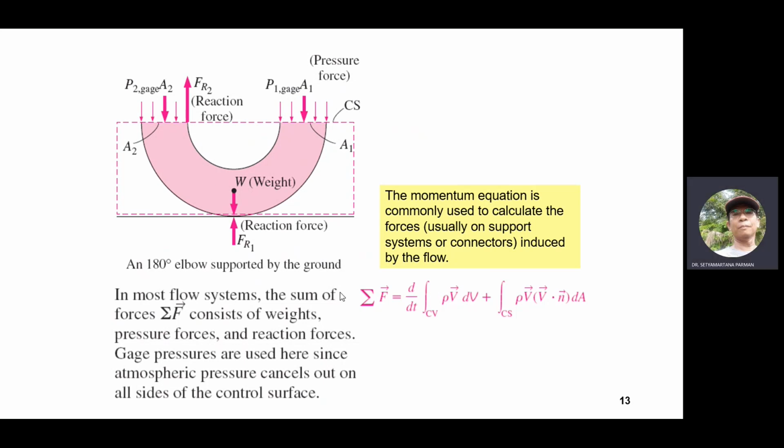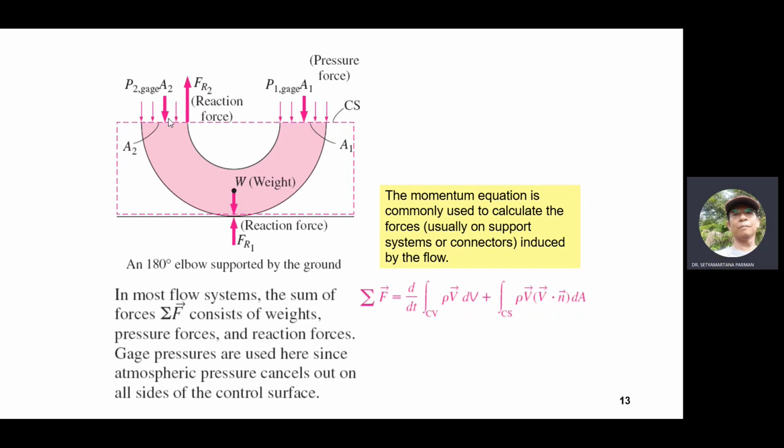In most flow systems, the sum of the forces, sigma F, consists of weight, and pressure force, so the force working here and the force working here, and reaction forces, the reaction force given by the ground. The gauge pressures are used here since atmospheric pressure cancels out on all other sides of the control surface.